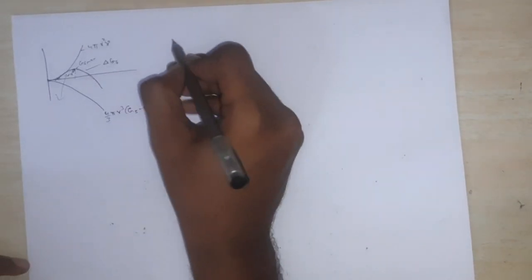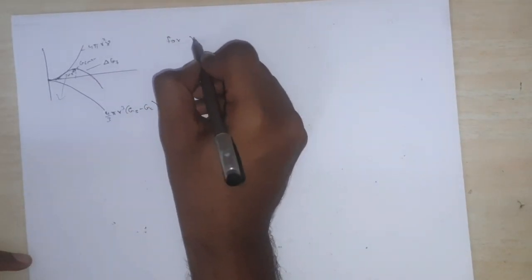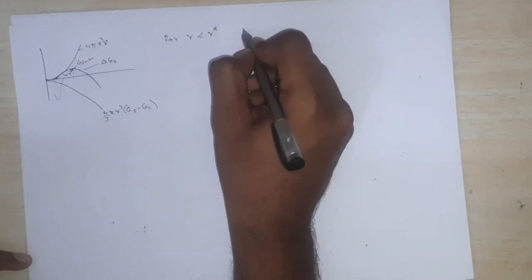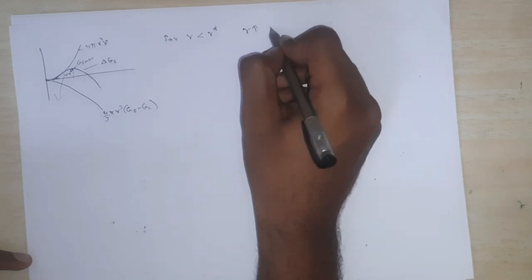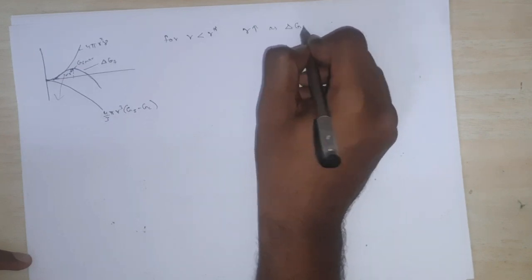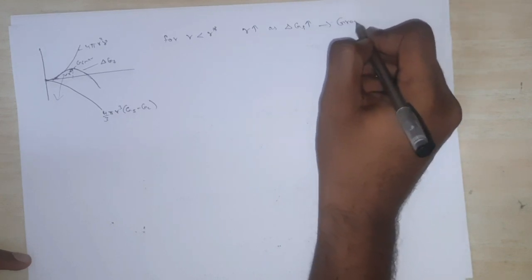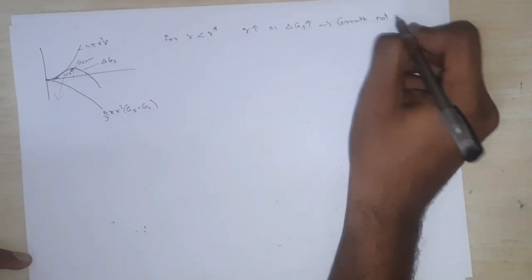So for r less than r star, r increases as delta Gf increases, so growth is not possible.